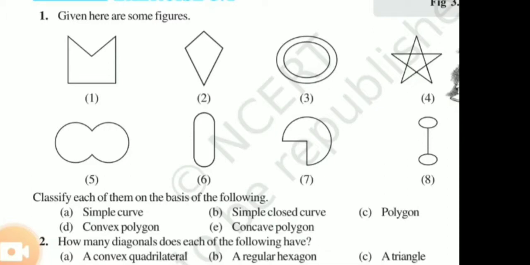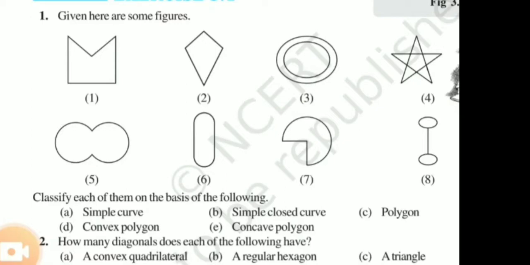Second one, simple closed curve. So the number 1, 2, 5, 6 and 7, these are the simple closed curve. And number 3, 4 and 8 are not simple closed curve. Okay.